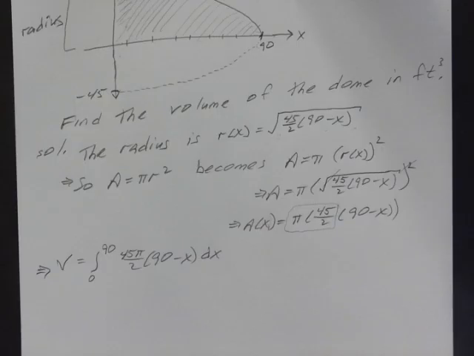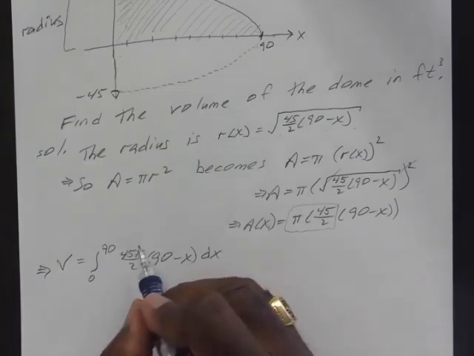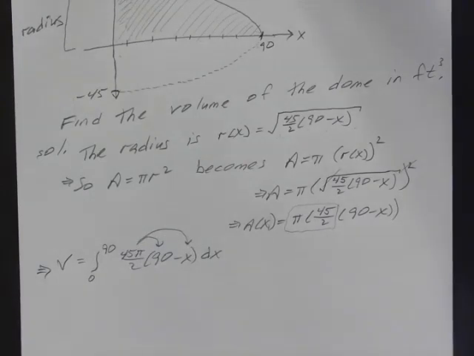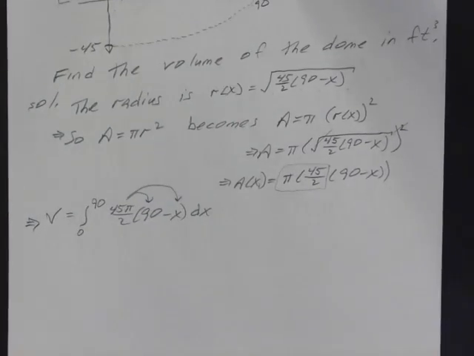Now, you can do it a couple of different ways from here. If you want, you can factor out 45 pi over 2 and then take the integral of both of those terms, or you can distribute and do it all together as one, completely up to you. I'll go ahead and distribute just to show that one, even though the other way probably would have been easier.